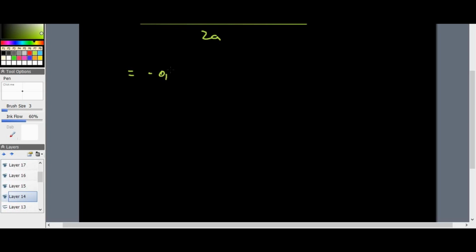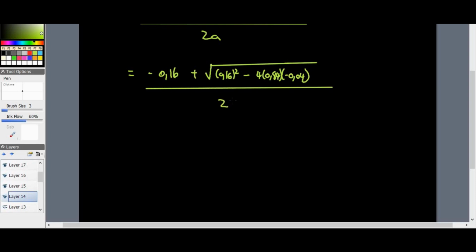Minus 0,16 plus square root 0,16 all squared minus, let's check, is it minus? Yes, minus 4 times 0,84 times minus 0,04 all over 2 times 0,84.